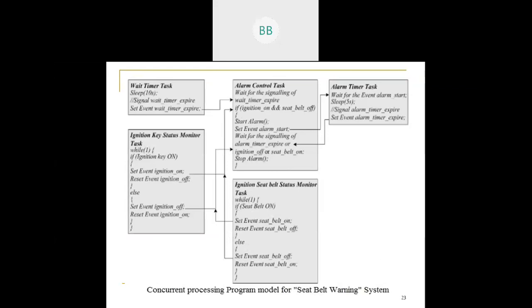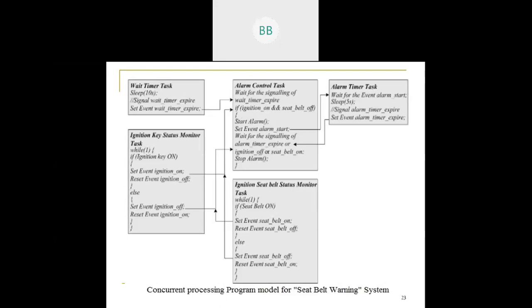These scenarios are well explained by the wait timer event associated with the timer task. The events will be in a reset state initially and will be set when the timer expires.